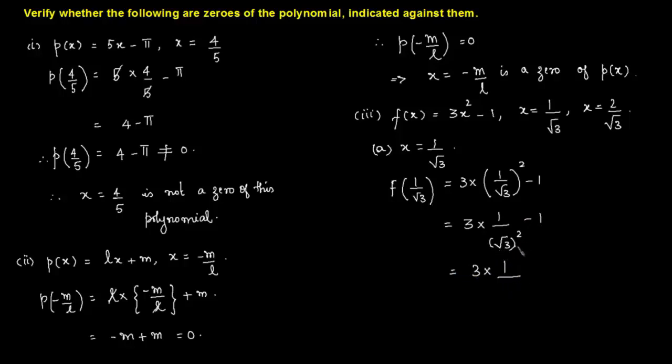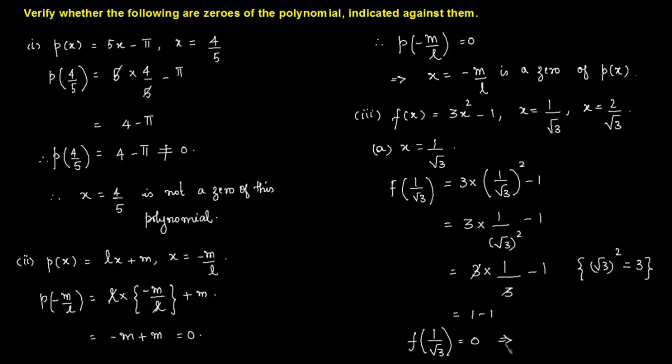It is nothing but root 3 into root 3, which is nothing but root 9, which is 3. So it is 3 into 1 by 3 minus 1, and that is going to give you 1 minus 1, which is 0. So root 3 the whole square is 3. So you have got f of 1 by root 3 equal to 0.